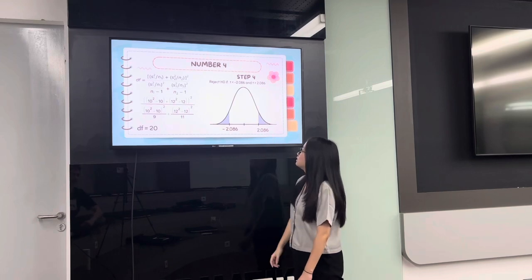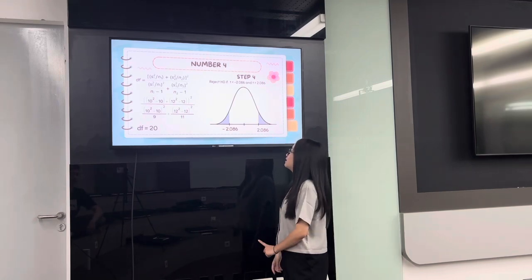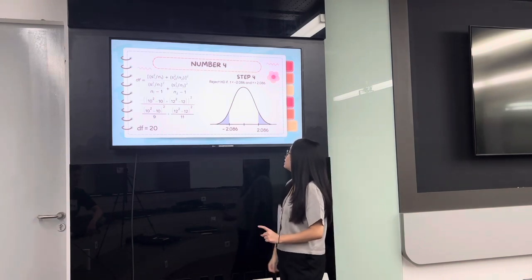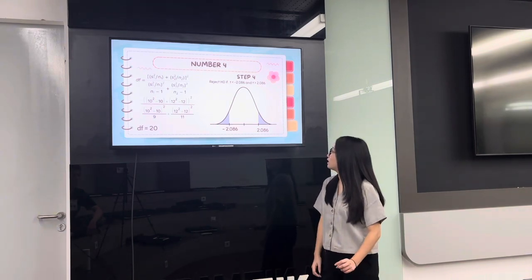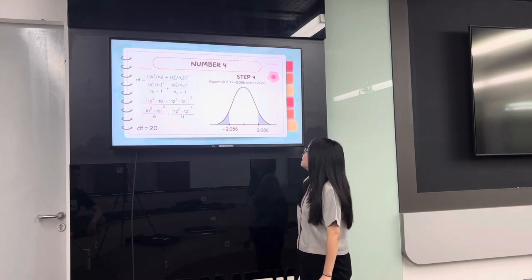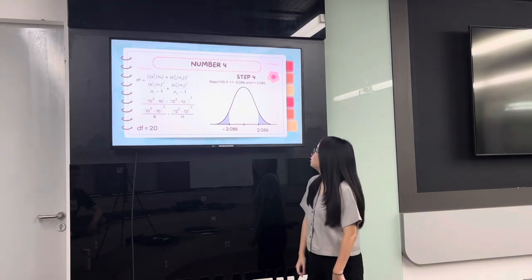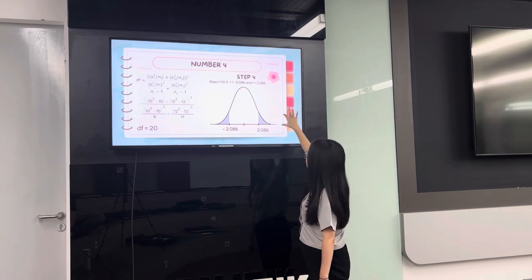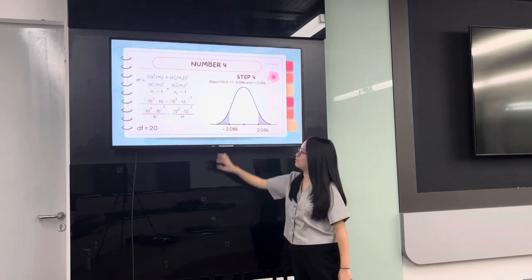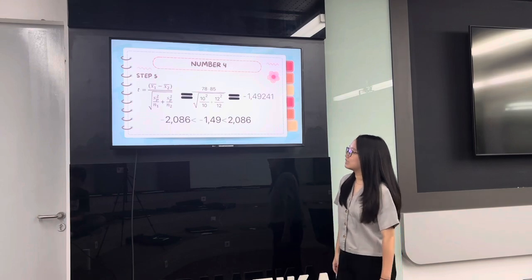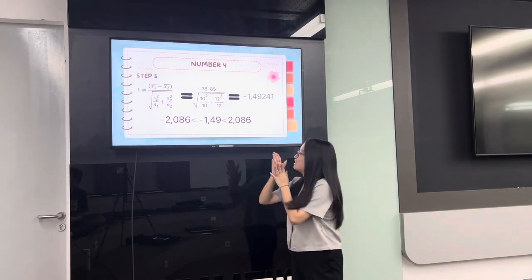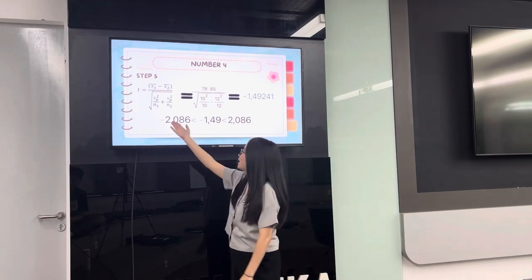Step 4 is reject the null hypothesis if t is less than minus 2.086 and t is greater than 2.086, and this is the rejection area, on the right and left. The next, step 5, is we calculate the t with this formula.